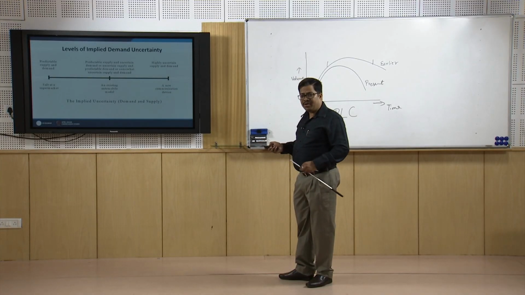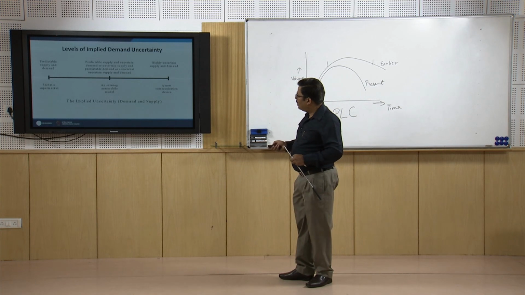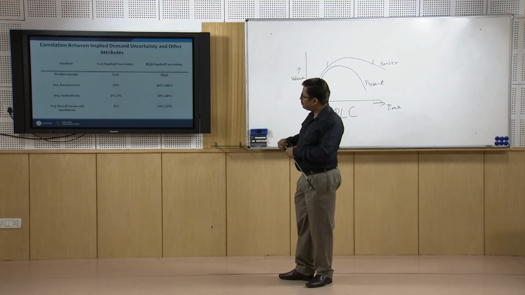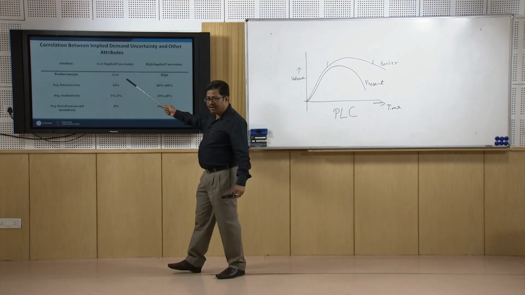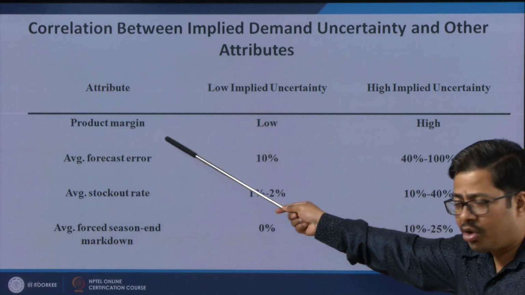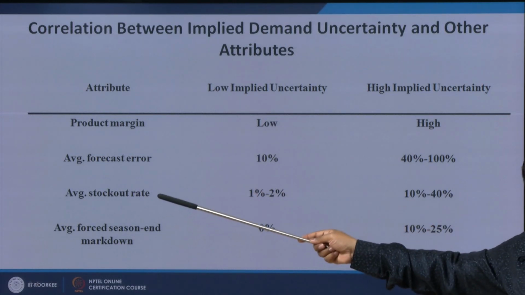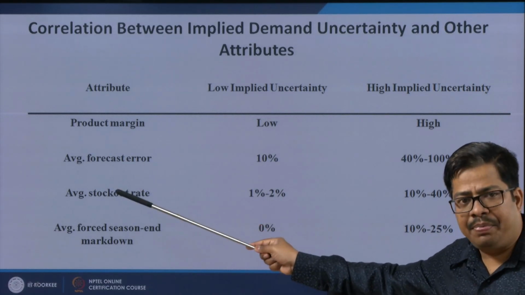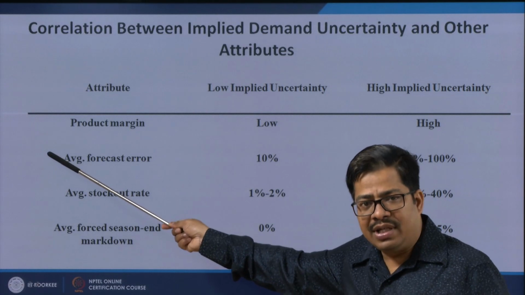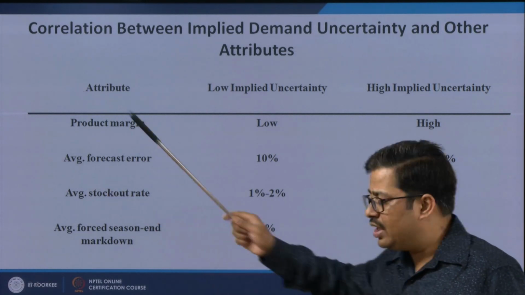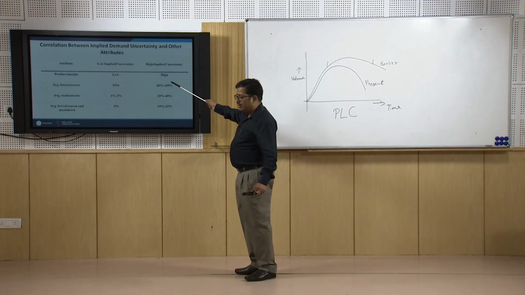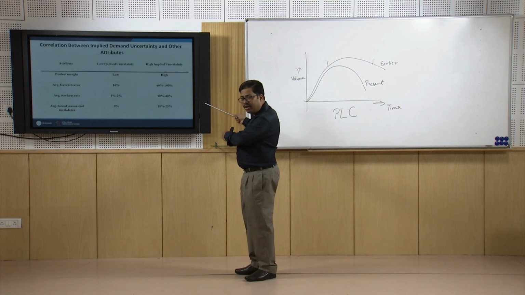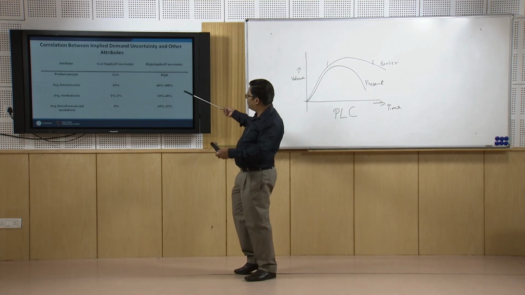After understanding the concept of implied demand uncertainty, you can see, as a result of some research, that when you have low implied demand uncertainty, your product margins are low, as we saw just now in the case of salt. You have low product margin because it was positioned on the left side of the spectrum. When you have high implied demand uncertainty, your product margins can be very high, as evident in the case of I7, which is positioned on the extreme right side of the spectrum.